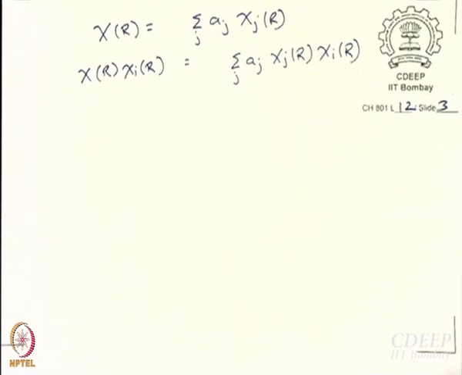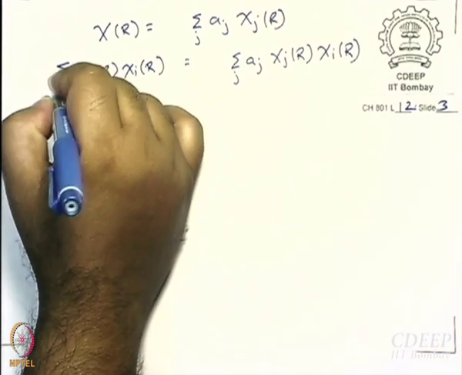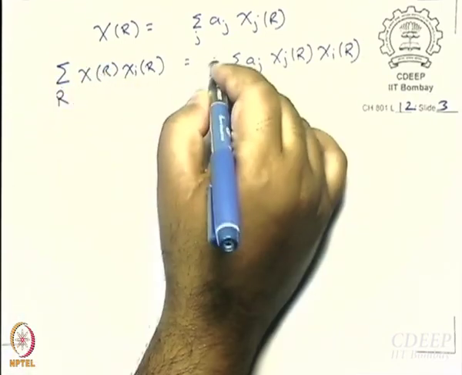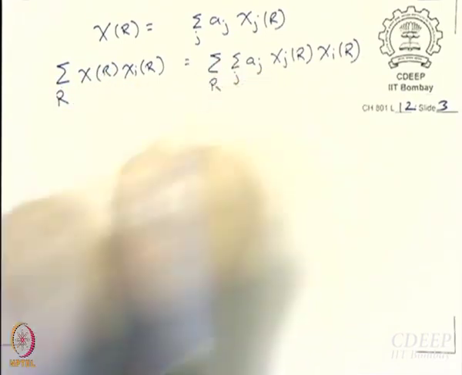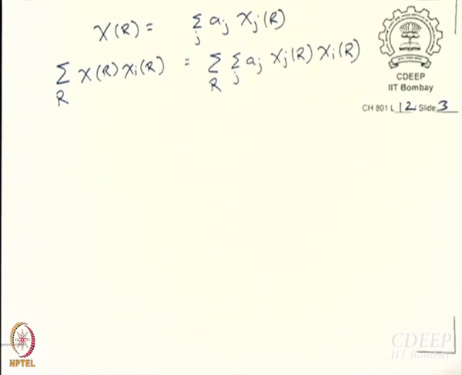So, what is the relationship between the chi's? Yes, delta ij means what happens if I sum over all the symmetry operations, then that Kronecker delta will come, right? So, what I can do is, on left hand side let us say sum over r, or right hand side also we will put sum over r. Alright.